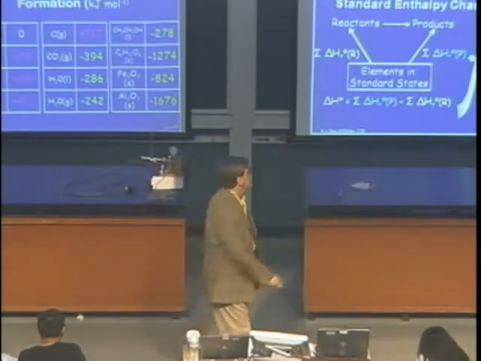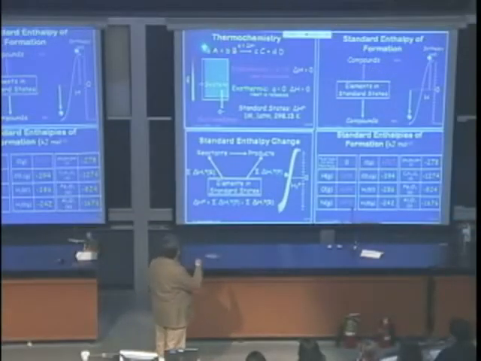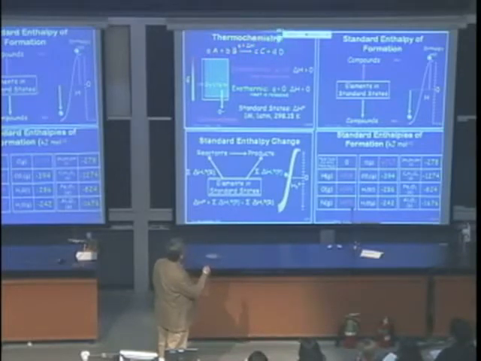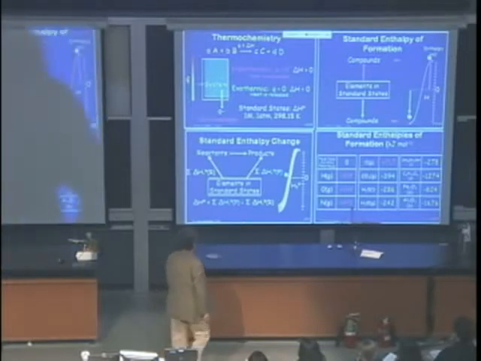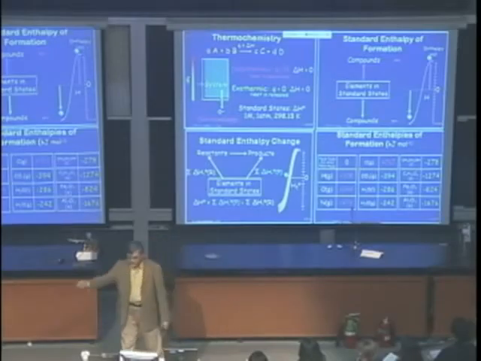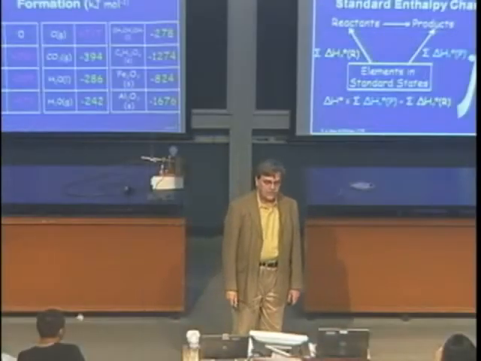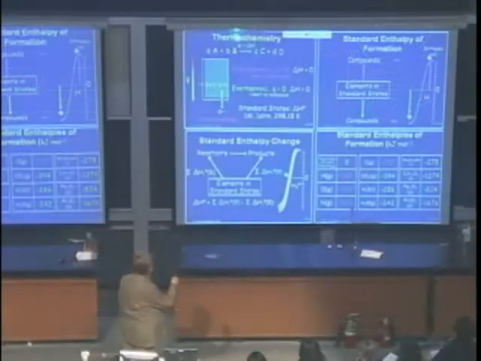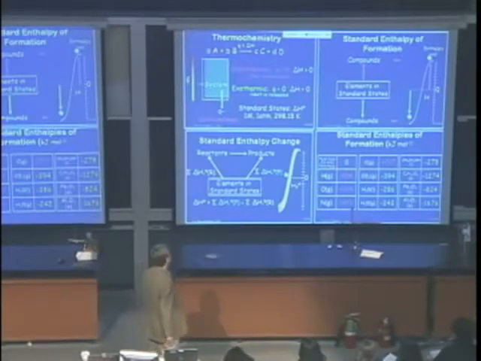And we have seen when we have a reaction where we have A moles of substance A and B moles of substance B that reacts to C moles of substance C and D moles of substance D. And if this reaction is releasing heat, then it's exothermic, and delta H is smaller than 0, because if heat is released, Q is negative.